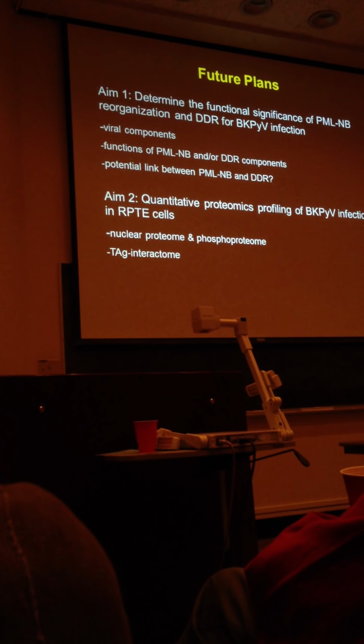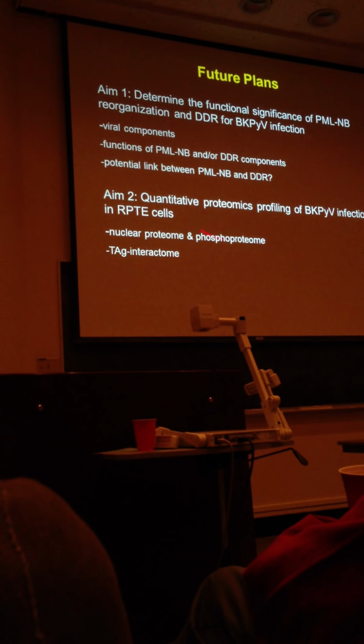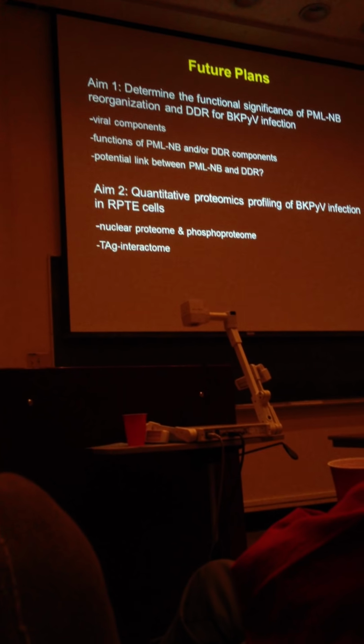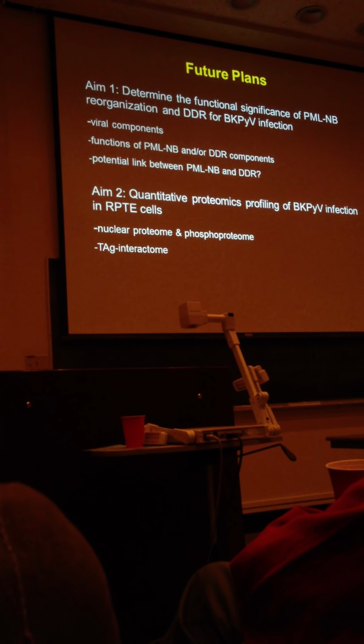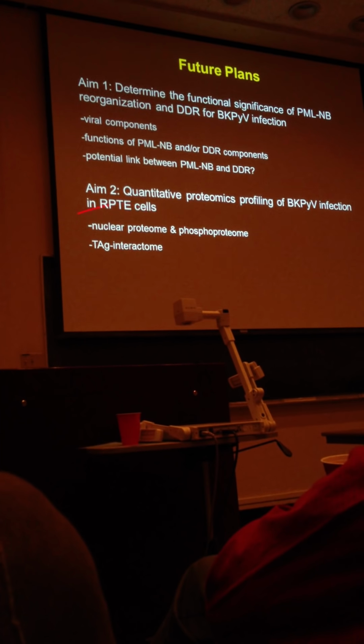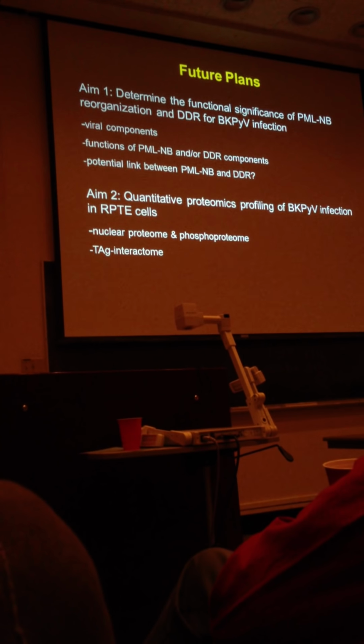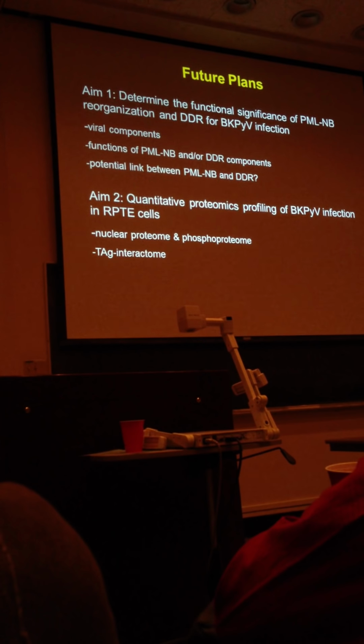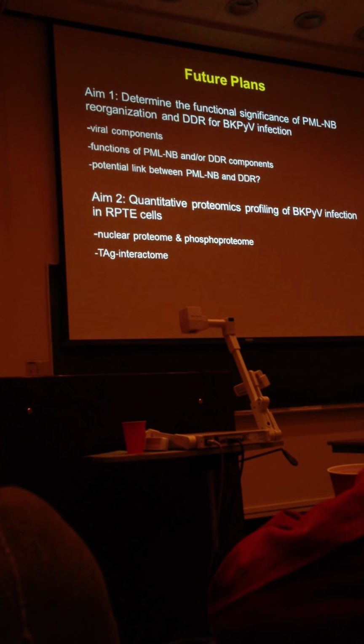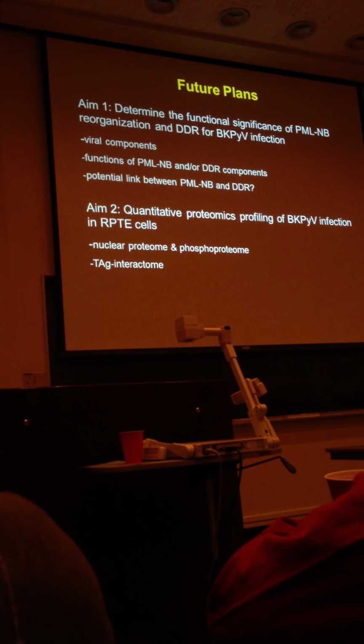So we're proposing to look at both the nuclear proteome and also the phosphoproteome in comparing the mock or the BKV infected cells, as well as to identify what exactly is interacting with this master regulator T antigen during different stages of the virus life cycle.